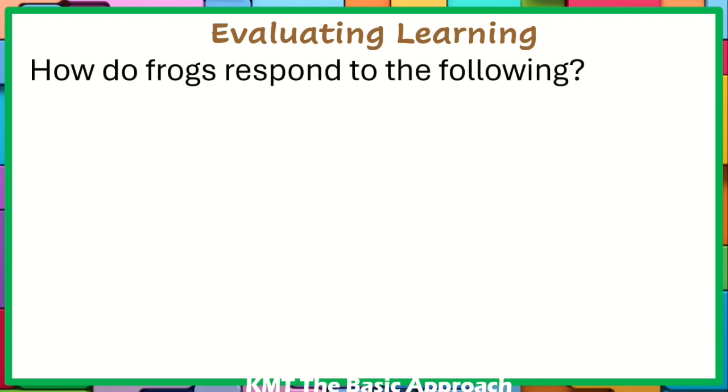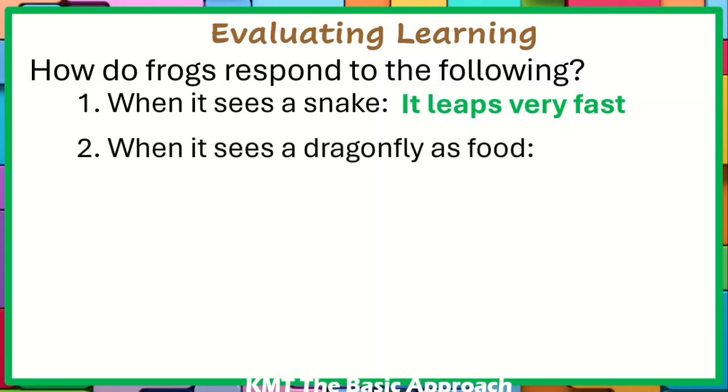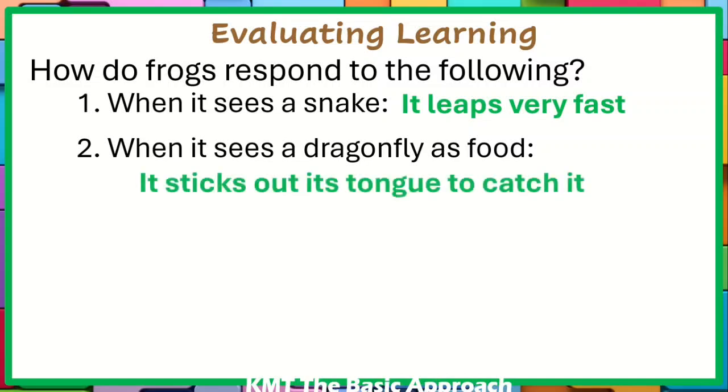How do frogs respond to the following? Number 1, when it sees a snake, it leaps very fast. Number 2, when it sees a dragonfly as food, it sticks out its tongue to catch it.